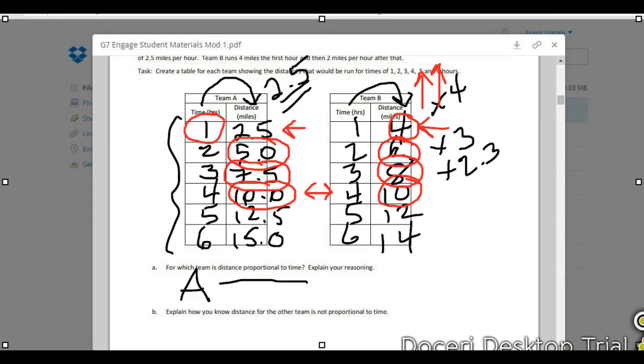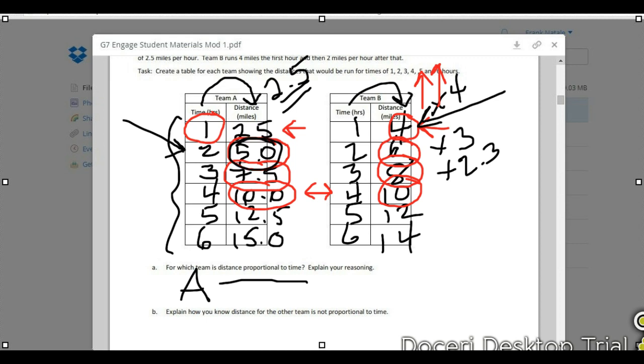But anyway, if we do look at that question, 4.5 miles, it's pretty obvious to see still that it's going to be Team B. Team B already has gone 4 miles in 1 hour. These guys, it took 2 hours to get 5 miles.